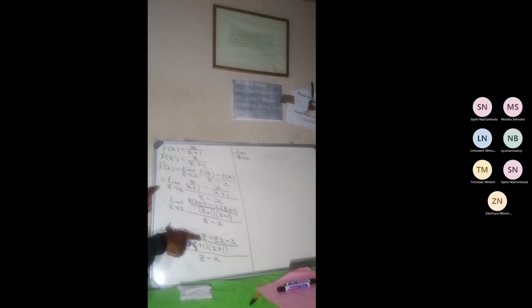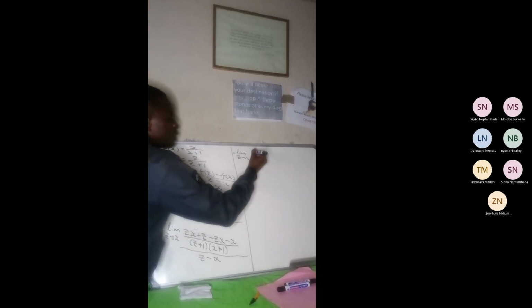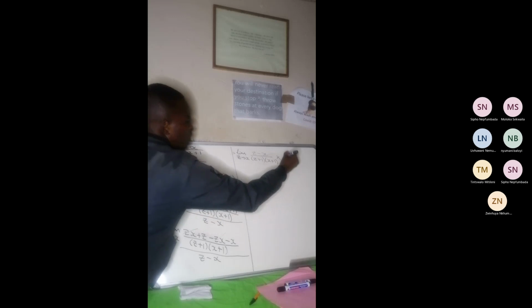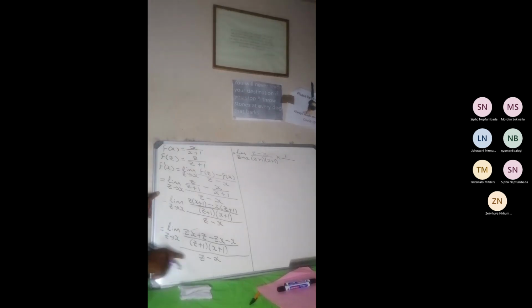On our numerator, we're left with z minus x, divided by z plus 1 multiplied by x plus 1, multiplied by 1 over z minus x, remember this is like over 1.